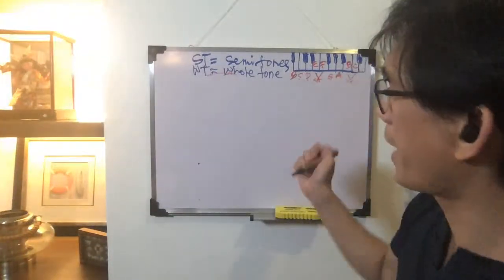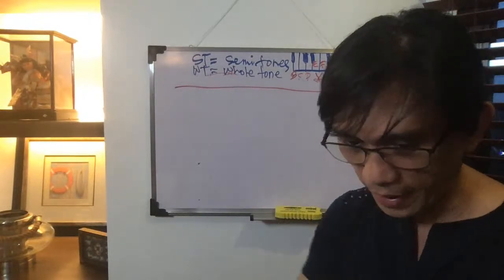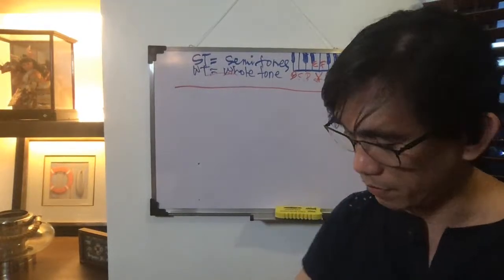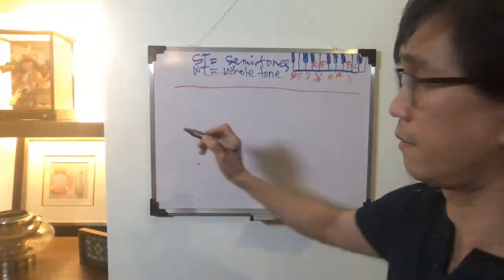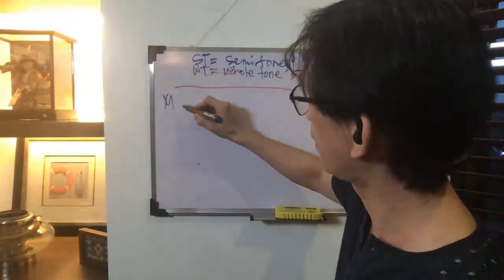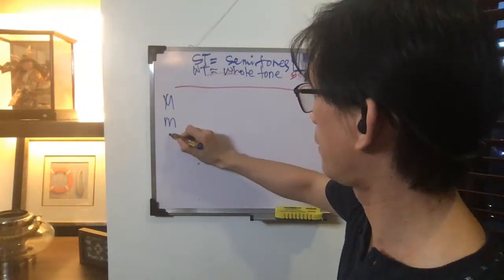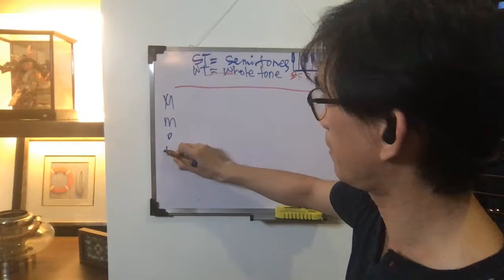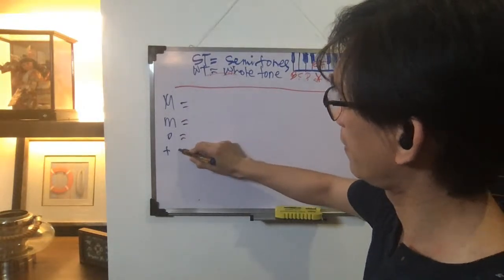Now let's go back to the previous lesson. So the formula last time that I gave you was about the major, the minor, the diminished, and the augmented intervals or chords.